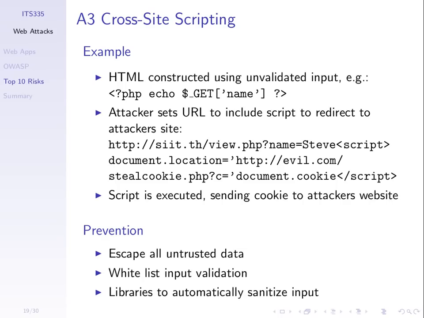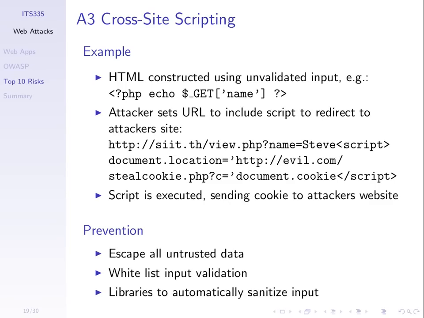Let's say there's a web page that's constructed using some unvalidated input. So some PHP that displays the value of the name parameter in the URL. Then that allows an attacker to create a URL that sets the value of name to some script. Okay, so here, view.php name equals Steve.